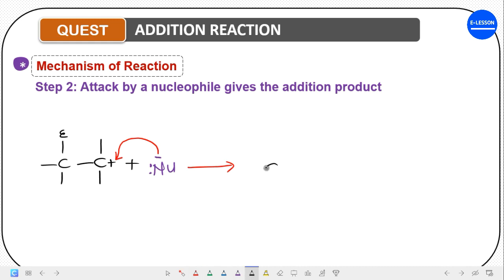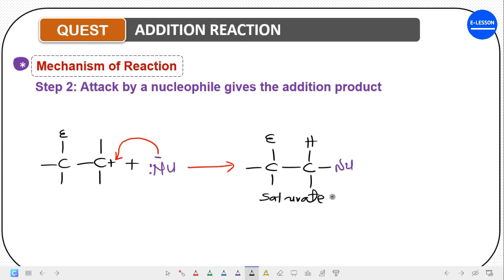The product will be carbon, and then you have Nu, which is the nucleophile that attacked, and then you have your bonds, and here is your electrophile. So this is the product of the reaction, which is a saturated compound.